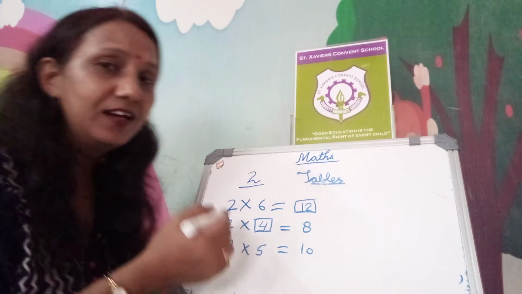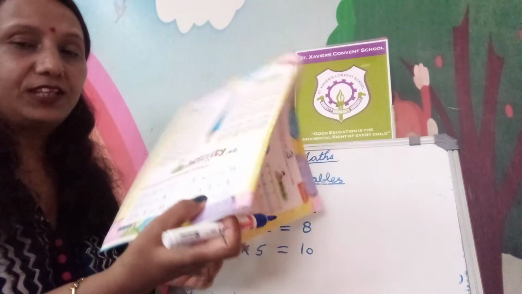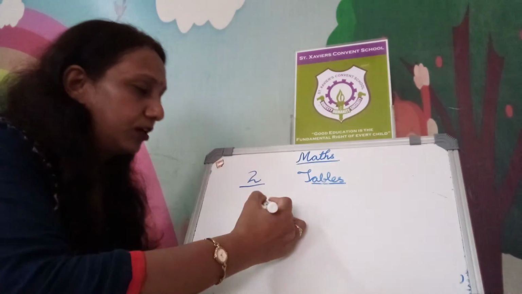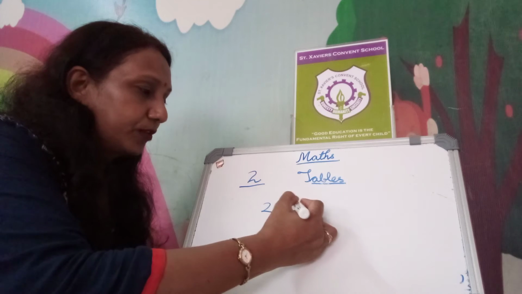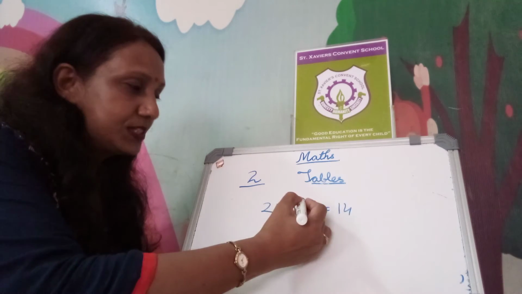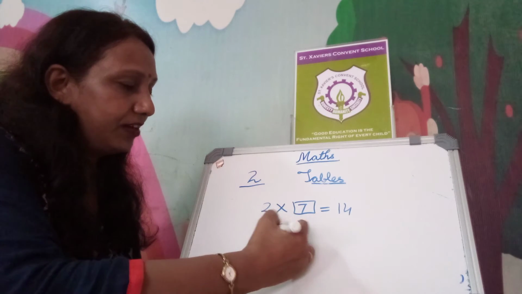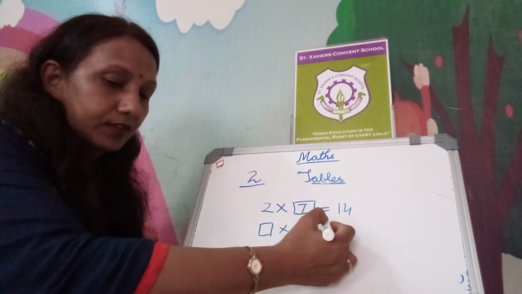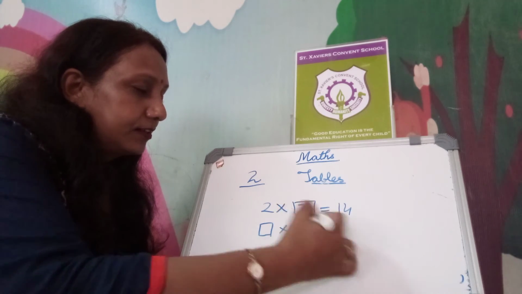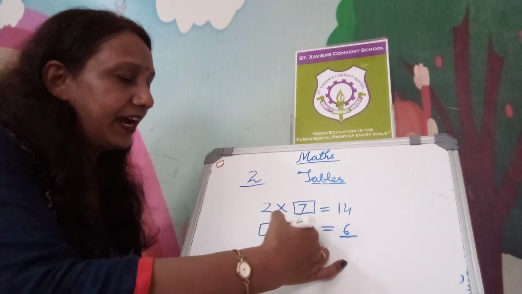2 5s are 10. Now, do the exercise of this side, the fill-ups. On the next side of the fill-ups, you see 2 into what? The answer will be 14. 2 7s are 14. Now, how many times will we write? The answer will come 6. With which digit do we write 3 times?